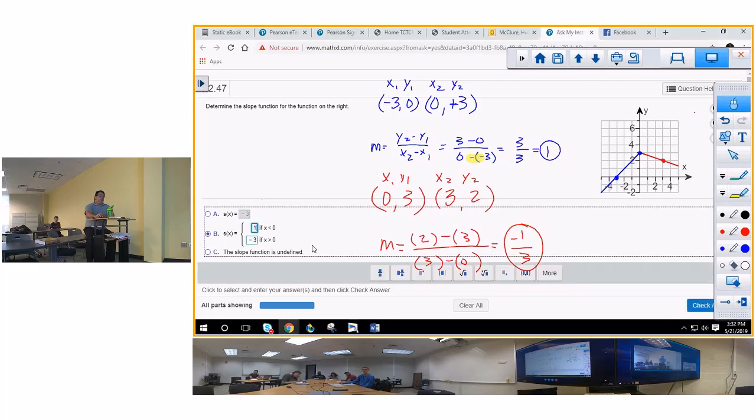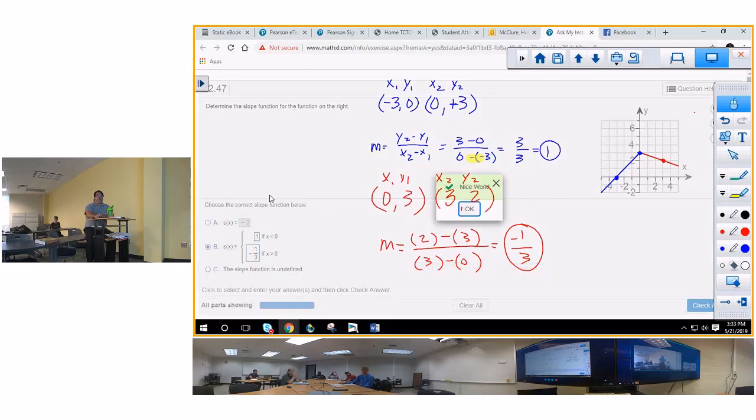And then here we will put negative, and a lot of times they want you to put the negative in front of the fraction. So I'm going to put a 1 and a 3 right here.